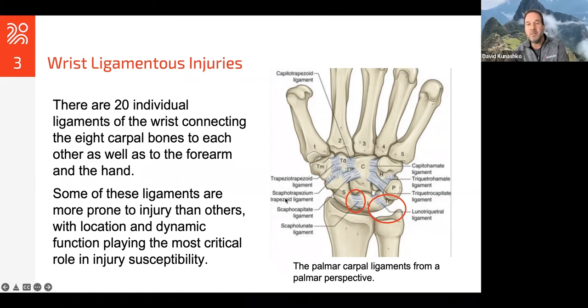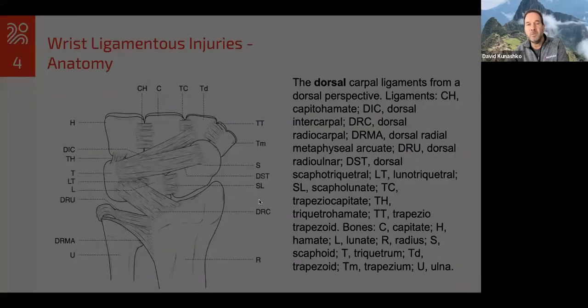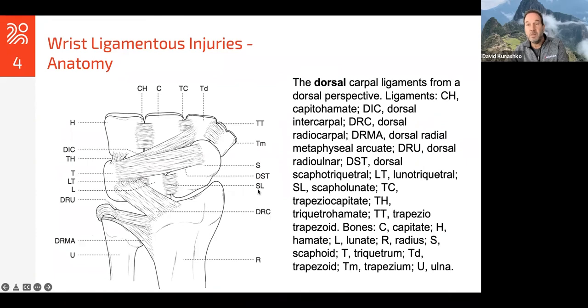Those are the areas that tend to be most involved. If you look at the dorsal aspect of the wrist, there's an area commonly referred to as the triangular fibrocartilage compartment area. This area has ligaments and a piece of cartilage that is really prominently important for function of the wrist joint.